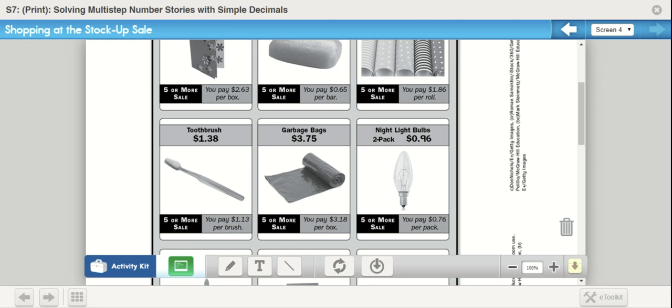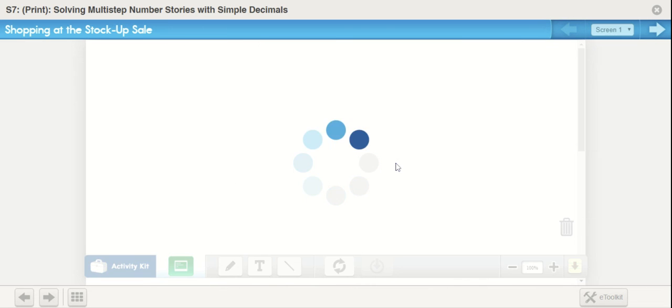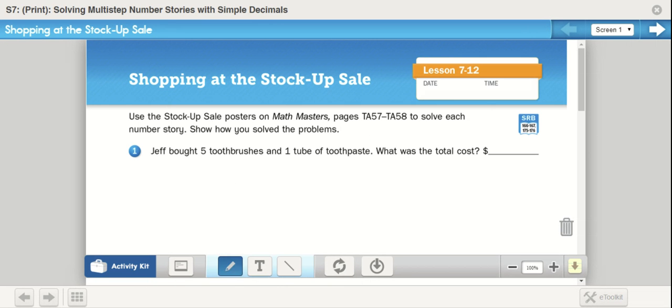Okay, so we have toothbrushes right here. They are $1.38 each, but if you look at the bottom, if you buy 5 or more, they are $1.13 per brush. So we need to remember that, $1.13 per brush. So I'm going to add that here. So I have 5 toothbrushes at $1.13.